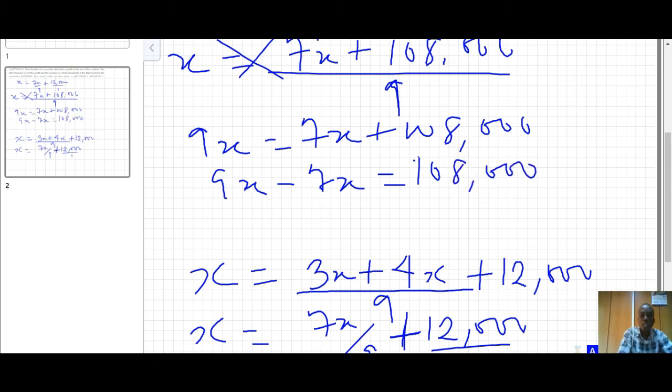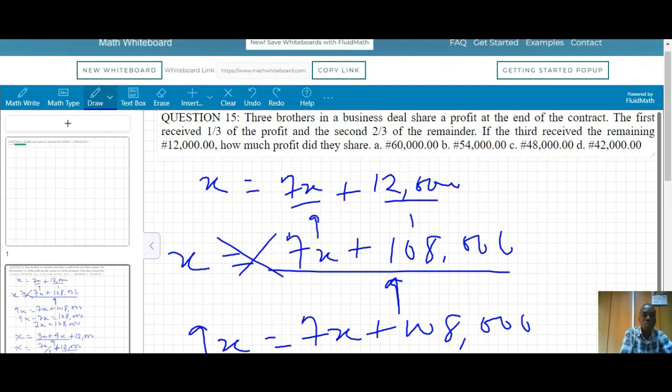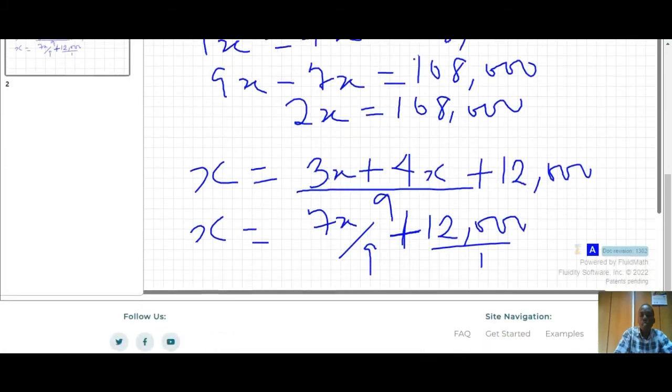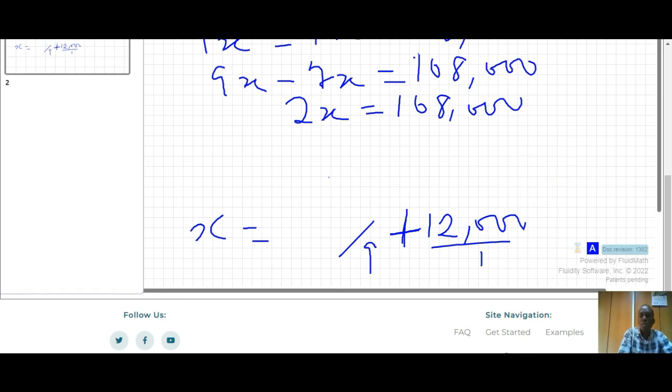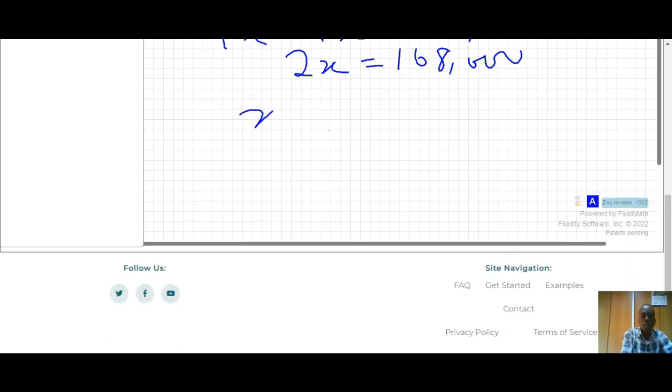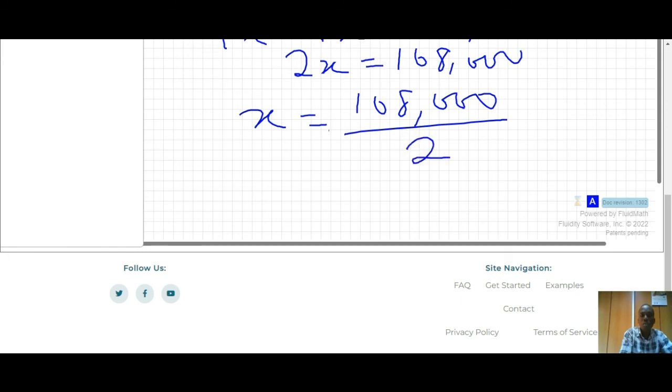So 2X equals 108,000. The next thing is to find the value of X by simplifying this. X will be equal to 108,000 divided by 2.